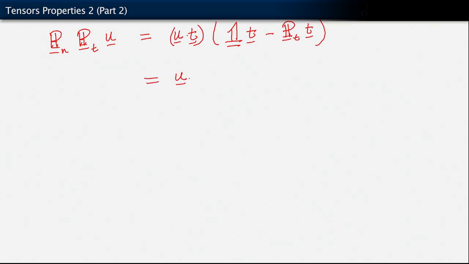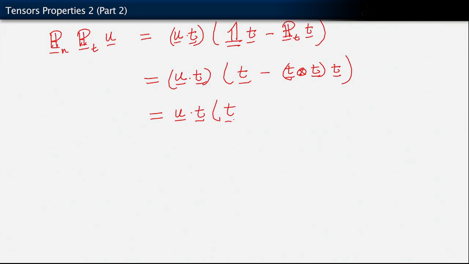I'm writing this out in great detail. You probably already see this final result. So, identity acting on T is T. How does P sub T act upon T? It is T tensor T acting on T, which is U dot T times T minus, now here we get T dot T, but T is a unit vector.